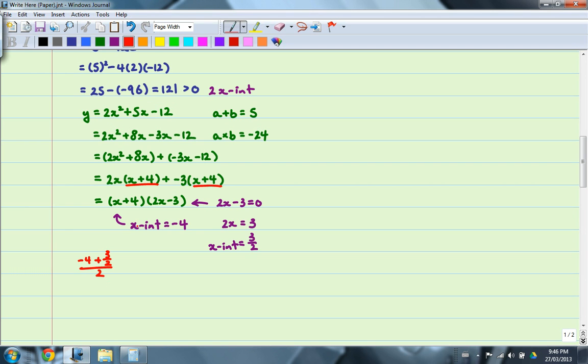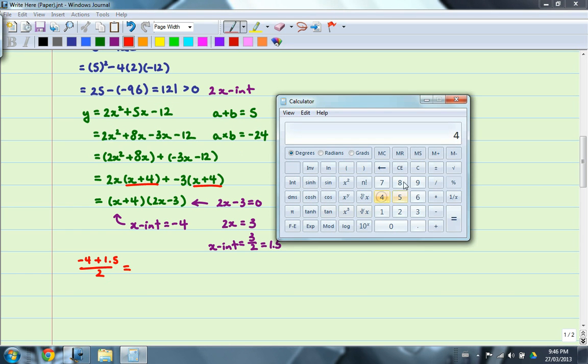In this case, just to make life easier, I'm going to change this to a decimal, so that will be 1.5. So let's change this one as well to a 1.5. And now we have negative 4 plus 1.5, and then divide by 2.